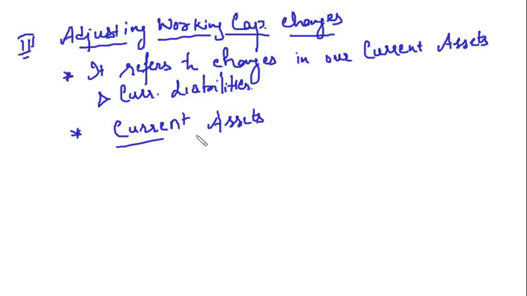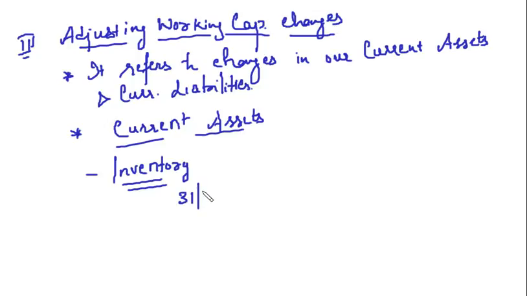Now, talking of current assets, what is included in current assets? I can say inventory, because inventory is a fast moving article. You produce the goods, you sell the goods, you produce the goods, you sell the goods. Your inventory keeps on rotating. It is your current asset. Now, listen to it very carefully.